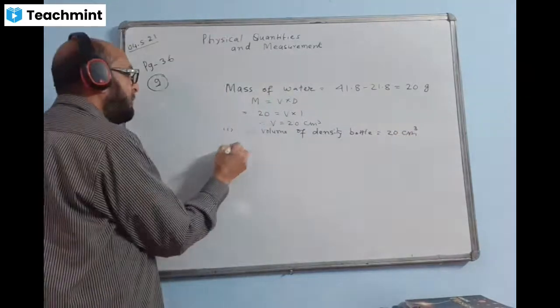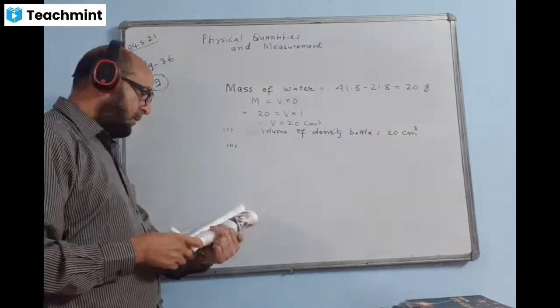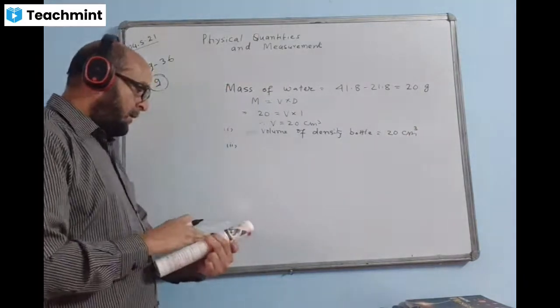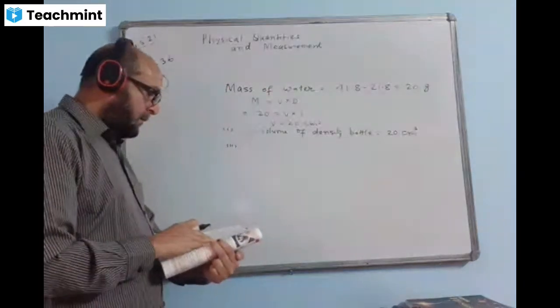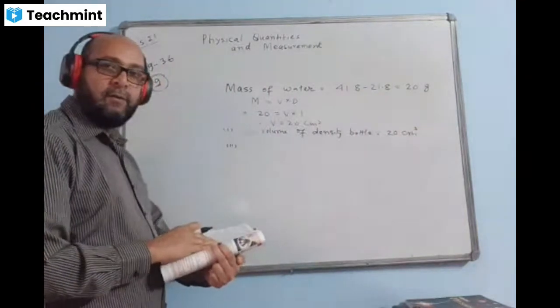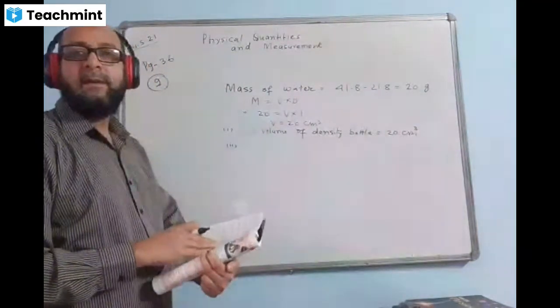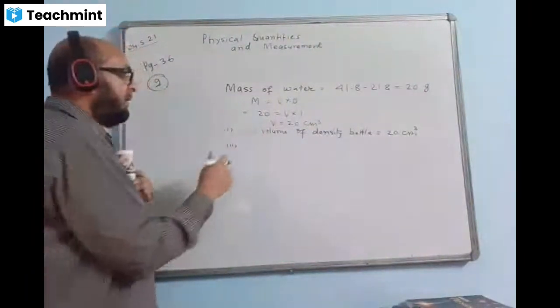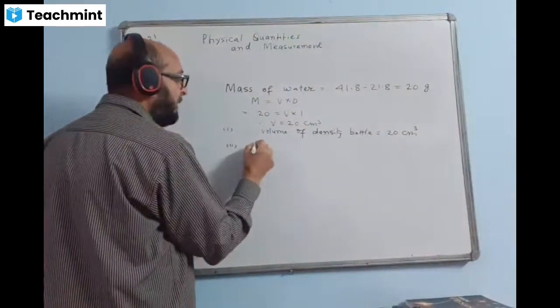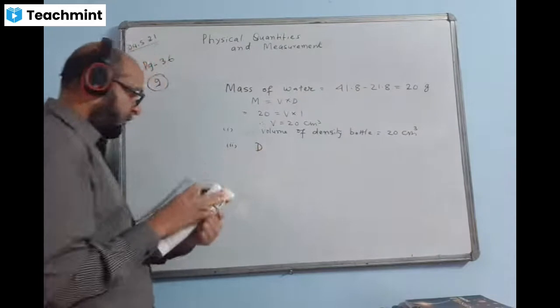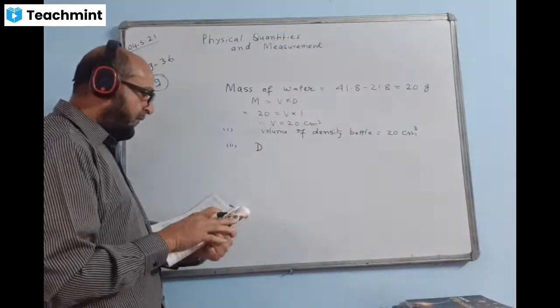Now, second part. The second part you have to do is the relative density. For relative density, first we'll find the density of the liquid when the bottle is filled completely with the liquid.